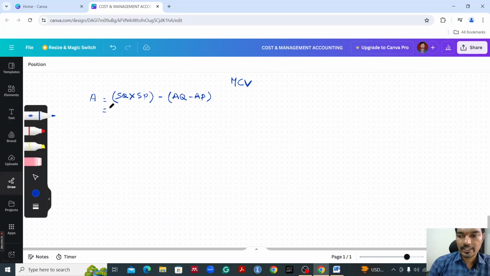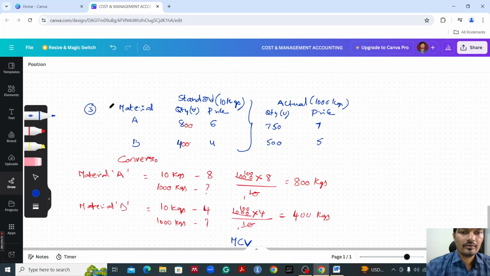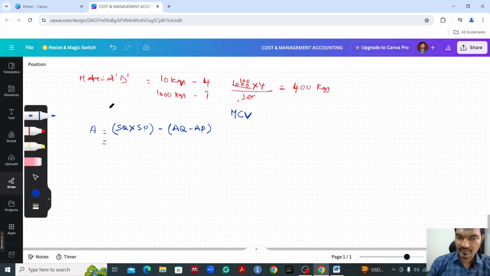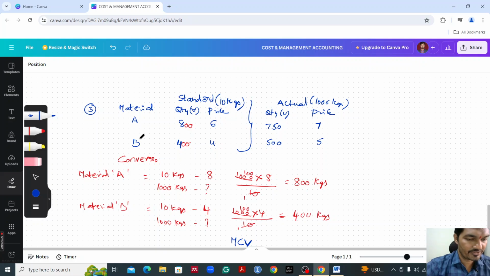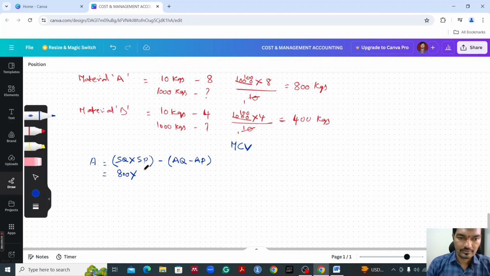So according to the table, the standard quantity for material A, 800, is multiplied with the standard price 6, minus the actual data given, actual quantity consumed 750 units, is multiplied with 7.